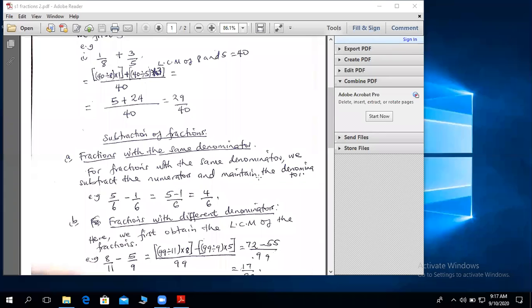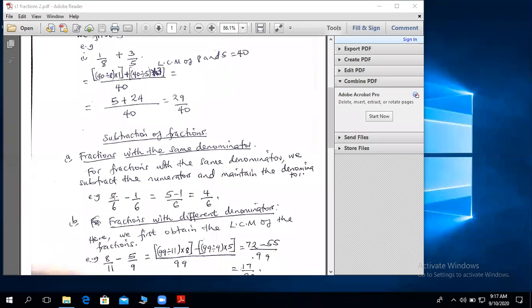So what you have to know is the procedure for addition and subtraction is the same. What changes is only the sign.